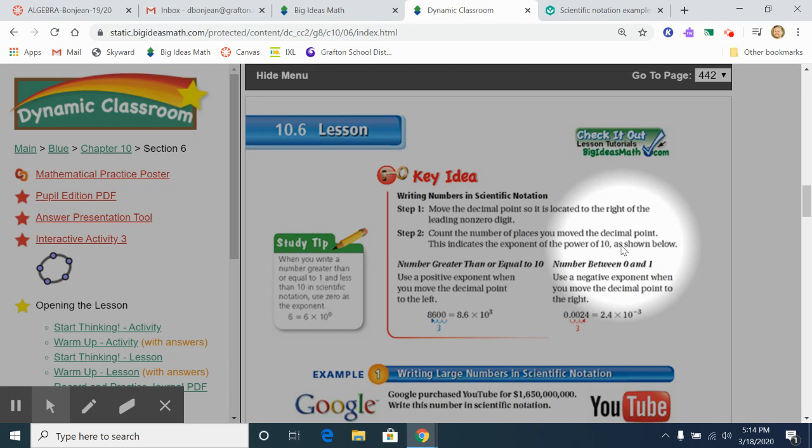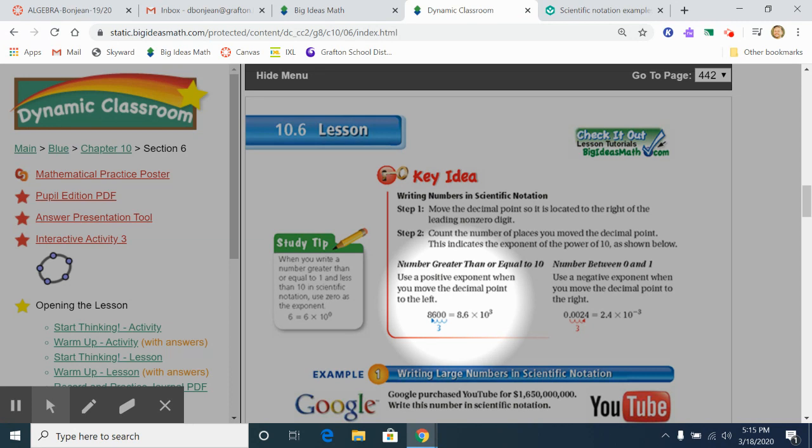Here are a couple of examples, starting with a number that's greater than or equal to 10. Let's remember that for something to be written correctly in scientific notation, the first number, the factor, has to be greater than or equal to 1, but also less than 10.